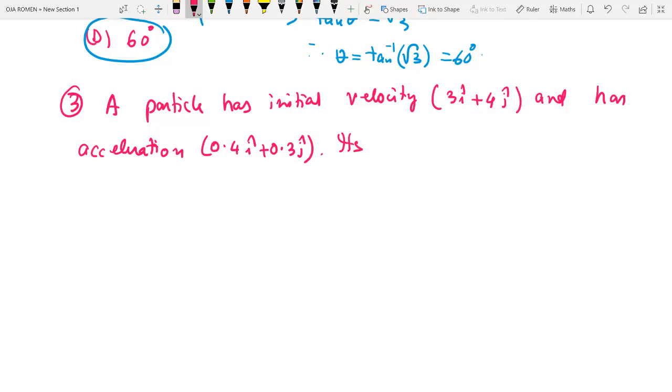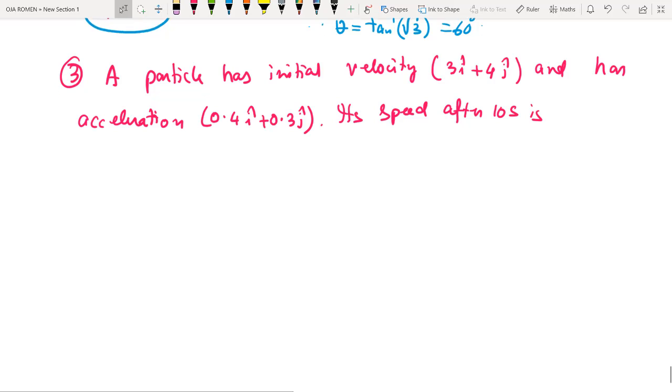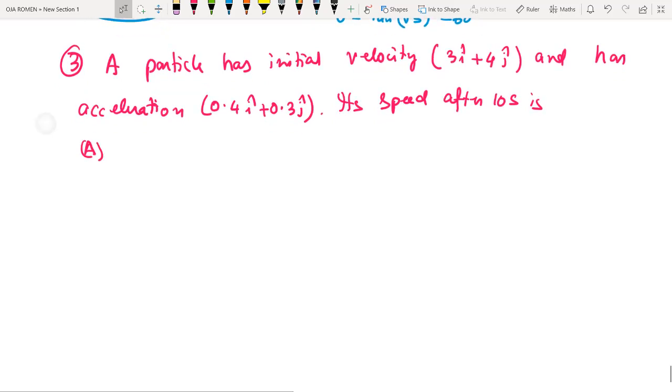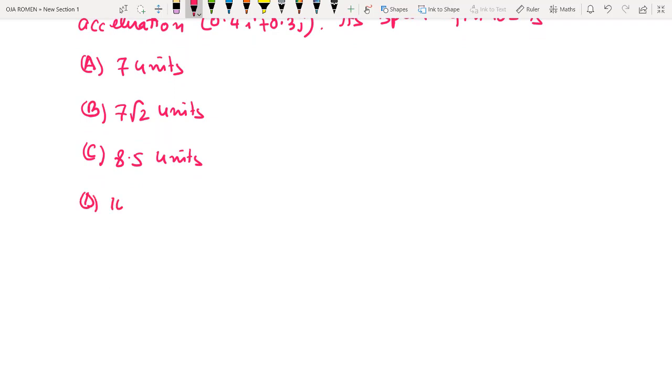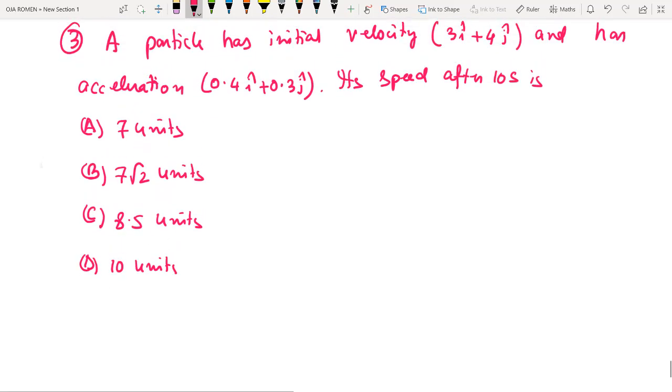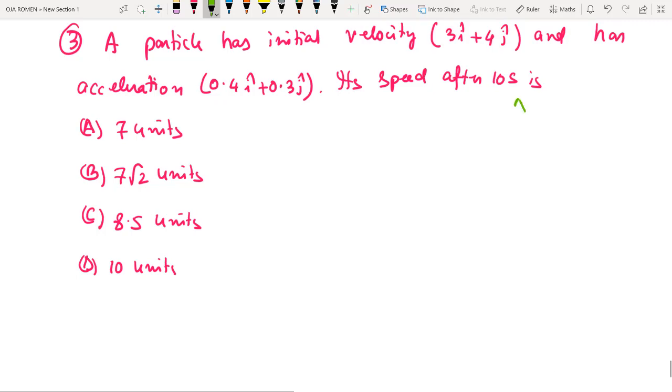Its speed after 10 seconds is: A, 7 units; B, 7√2 units; C, 8.5 units; D, 10 units. This was asked in NEET 2010.